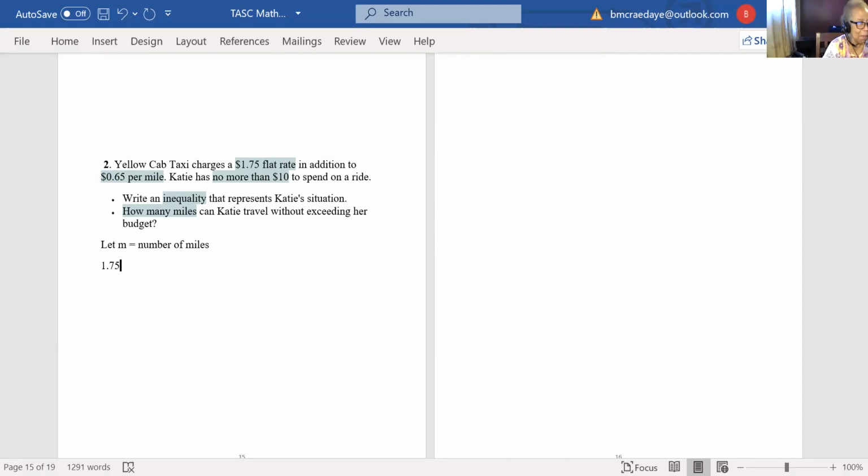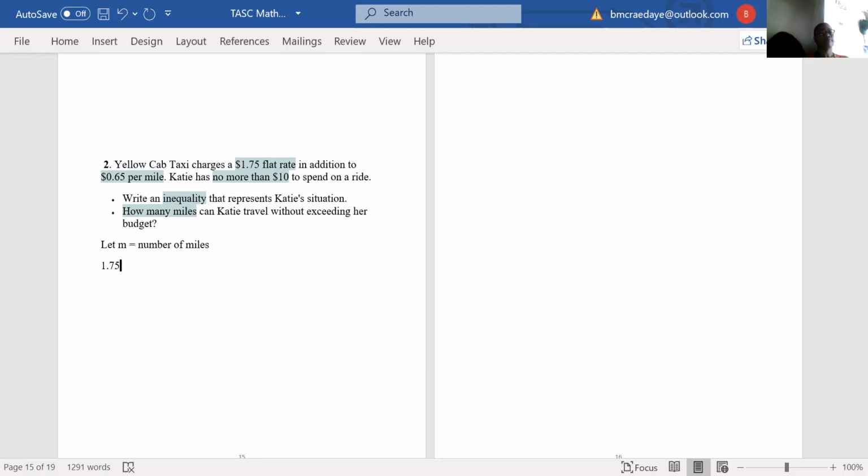That's an amount. 1.75 flat rate, in addition to 65 cents. So what is Katie paying for the cab? She's not paying $10. That's her limit. She has no more than $10 to spend for the ride. So what is the cab charging? $1.75 flat rate. Plus what? 65 cents a mile.